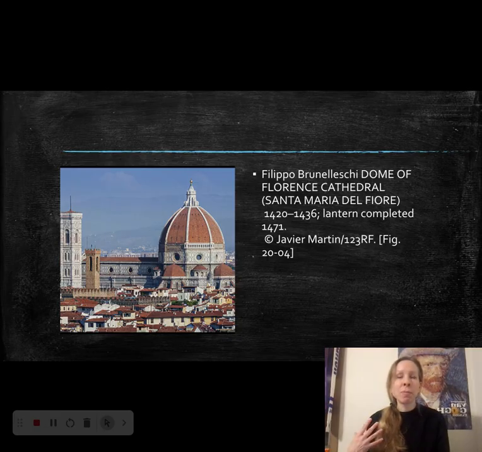So this would have been super expensive and structurally not very stable. And so Brunelleschi solved this by inventing a double shell dome. It has an outer, lighter shell for protection that also provides a lot of visuals. And between the two shells, there is a complex system of stairways reinforcing the ribs.